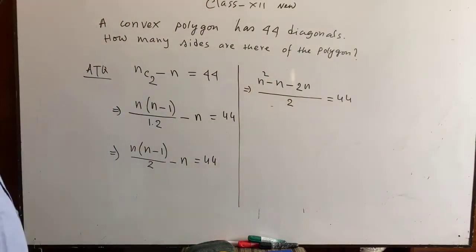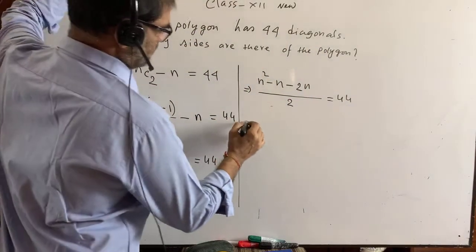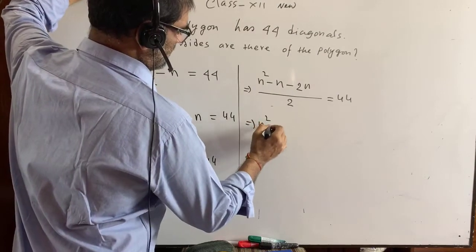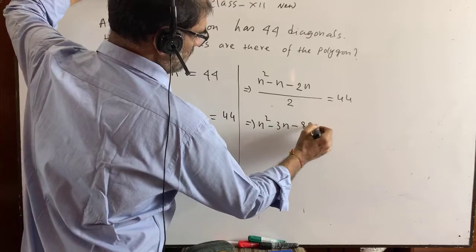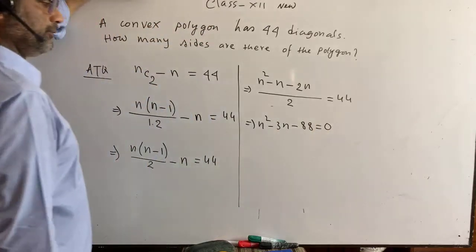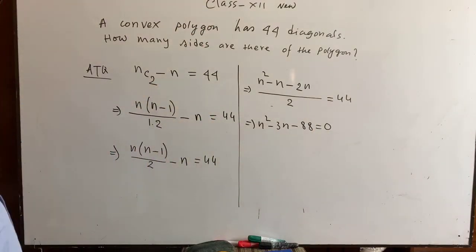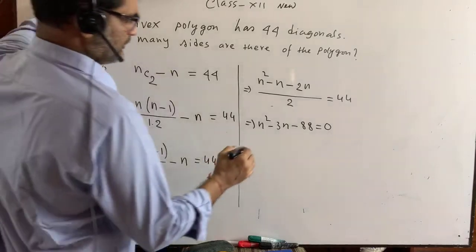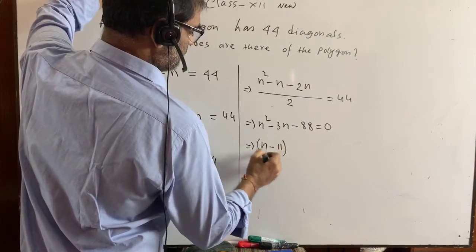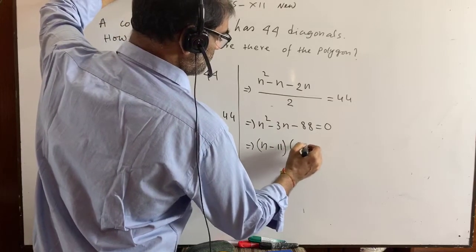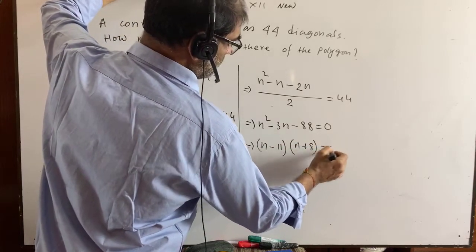From this equation we get n squared minus 3n minus 88 is equal to 0. Now you resolve it into factors and we will get n minus 11 and n plus 8.